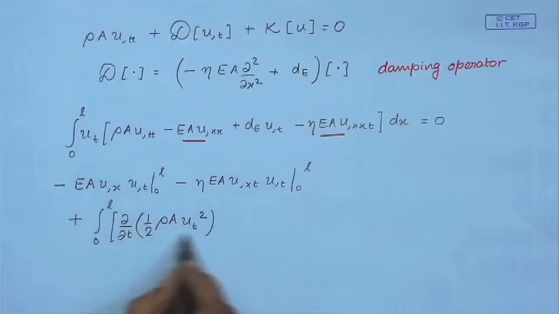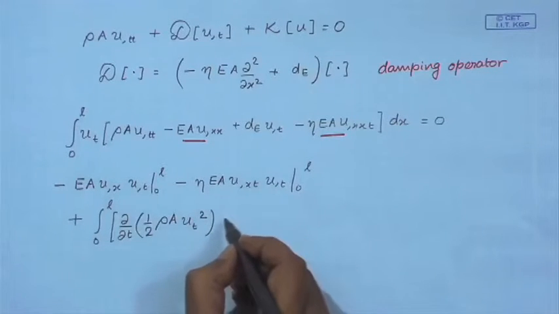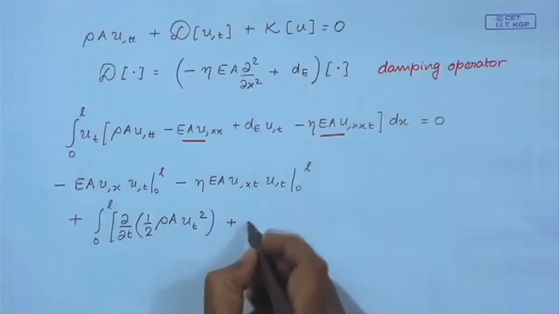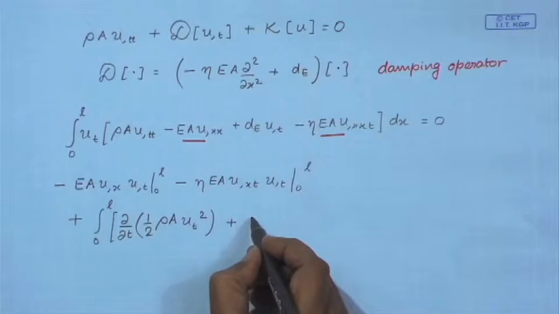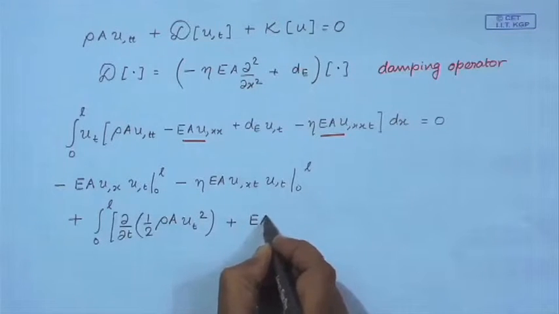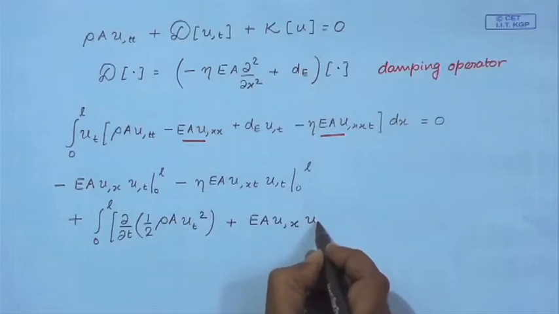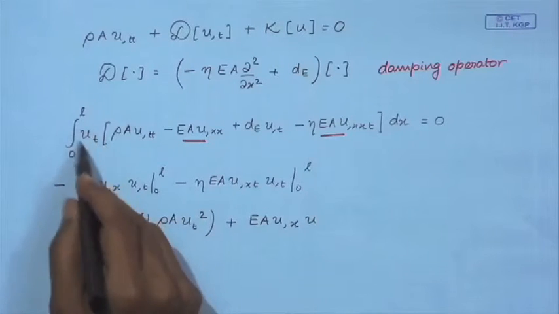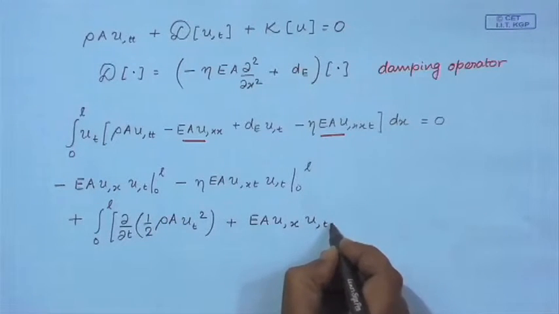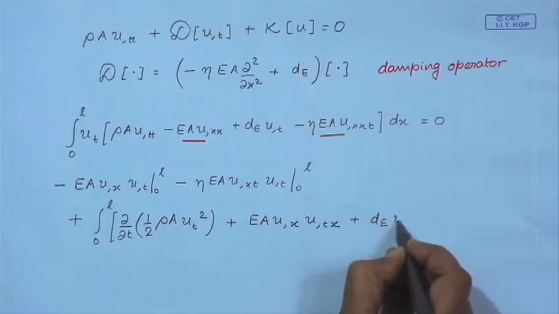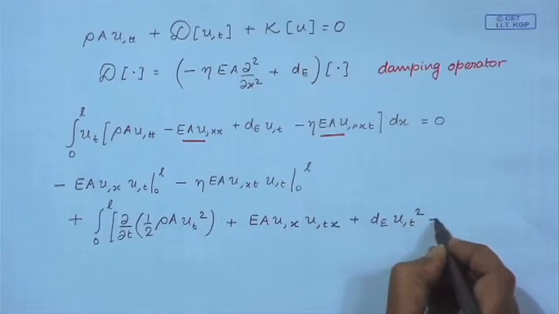So, this first term can be written like this, and this term, now there will be a space derivative of this term, and similarly.